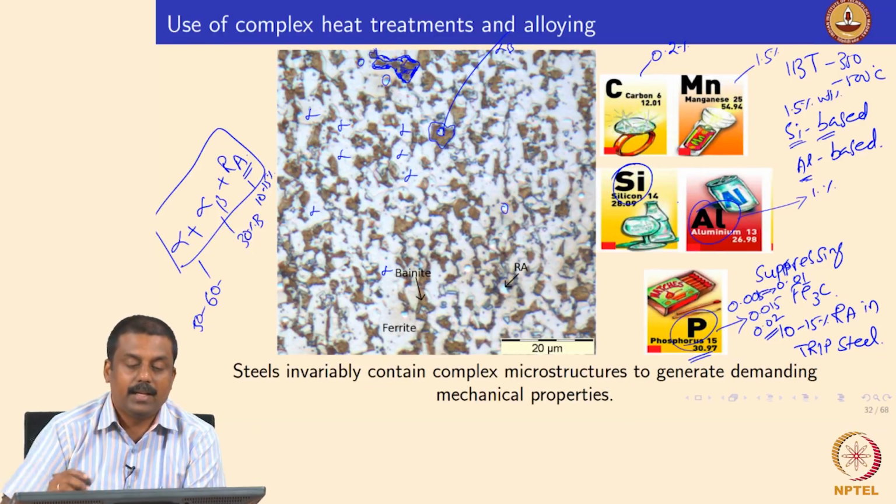To summarize, we looked at two heat treatments: one used for developing the dual phase microstructure, ferritic and martensitic, and a thermal cycle used to generate a TRIP steel microstructure containing ferrite, carbide-free bainite and retained austenite.